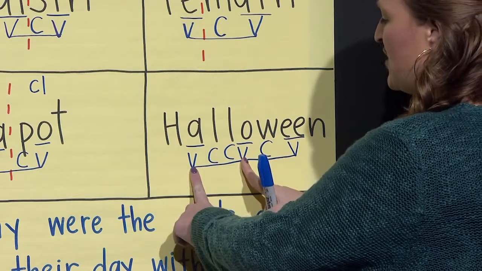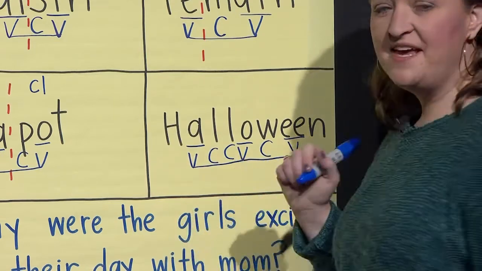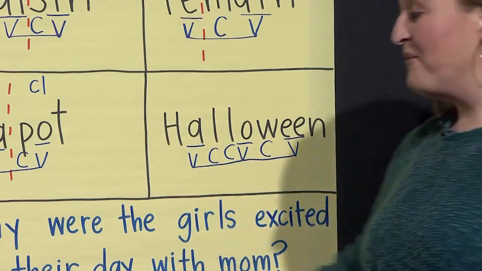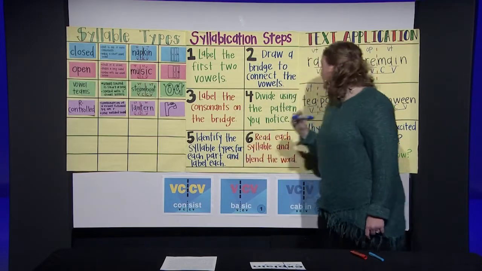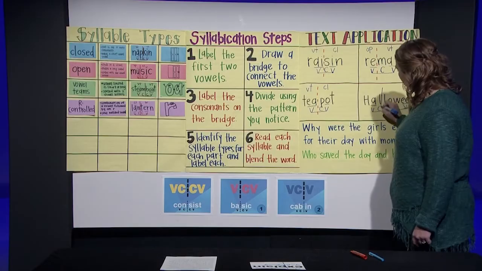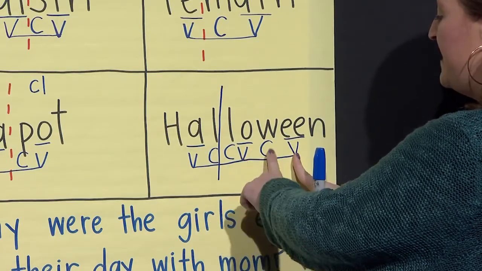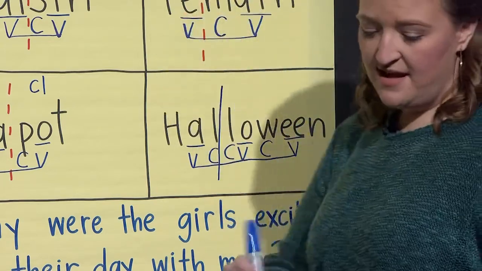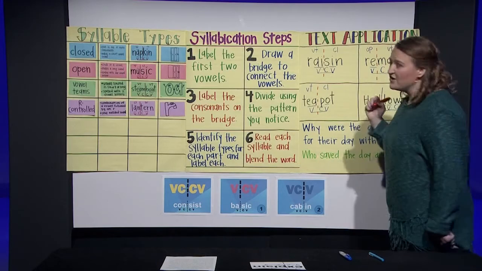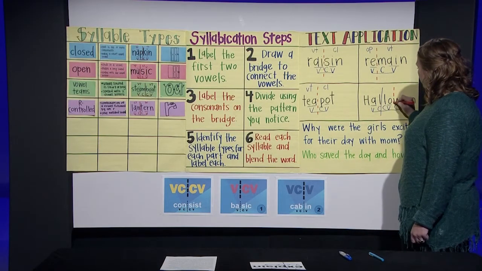So what's our first pattern in between the first 2 vowels? VCCV. And we know that with VCCV words, we divide between the consonants. So we'll put it between the L's. And what's our second pattern? VCV. We've been working all through this lesson that with VCV, we first divide before the consonant. So I'm going to put my dotted line there.